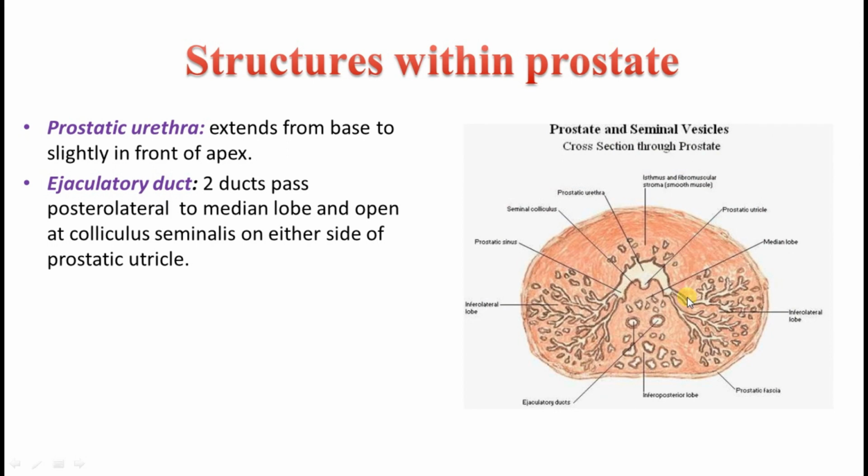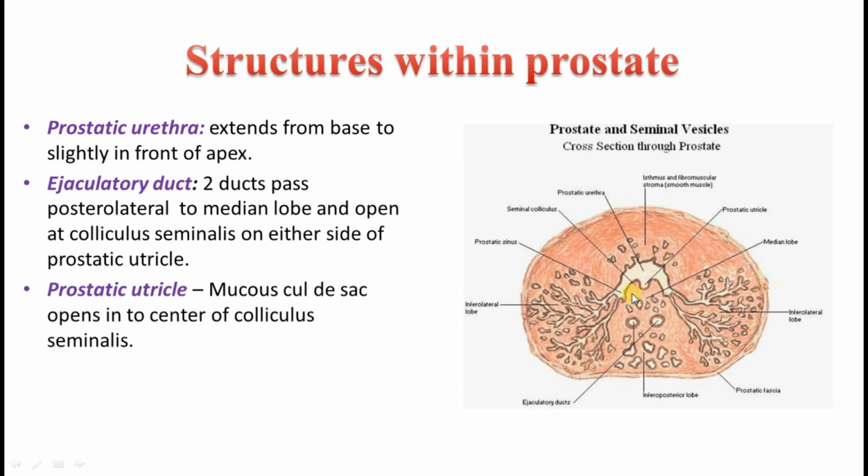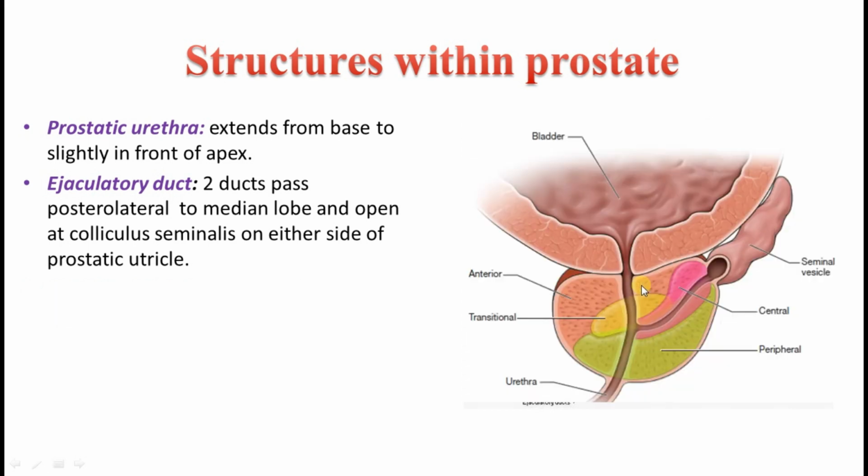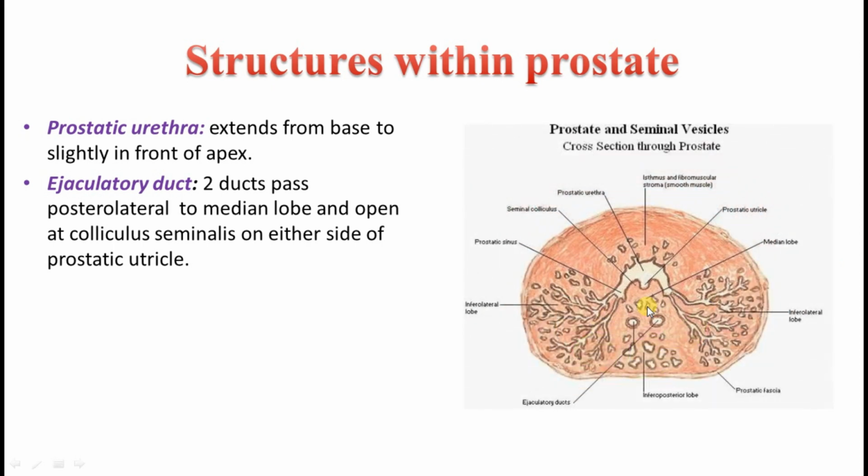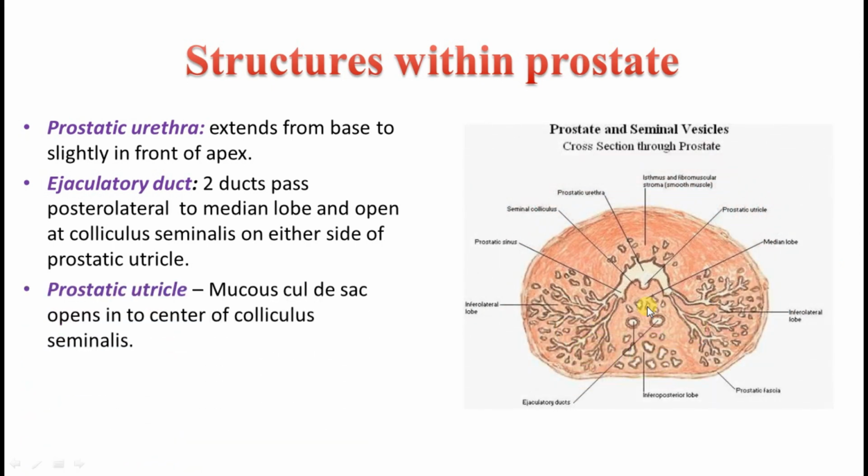So here you are able to see the two ejaculatory ducts on either side of the median lobe. They are opening into the prostatic part of urethra. Then this small sac is the prostatic utricle, a cul-de-sac or a blind sac. Okay, so a blind sac behind in the midline, which is called the prostatic utricle.